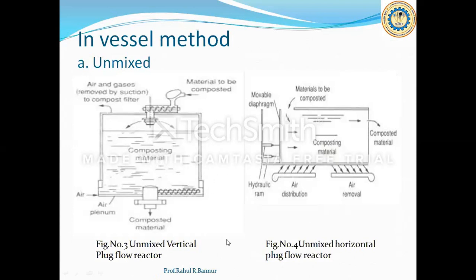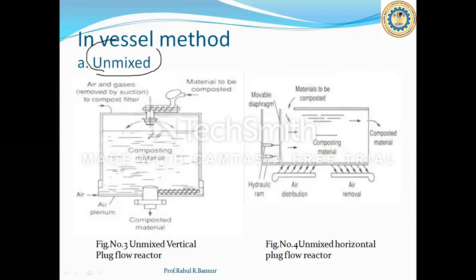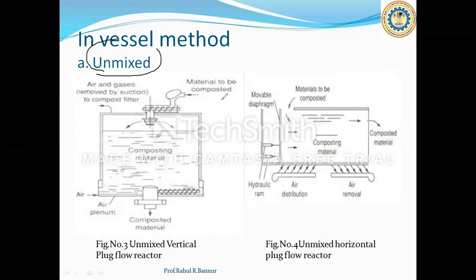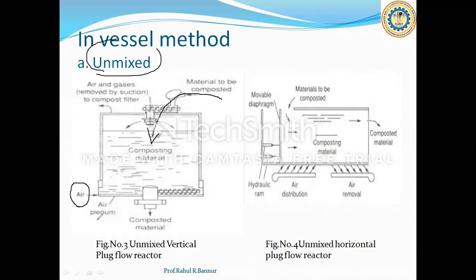This is the first type, the unmixed type. Here, this is the vertical reactor. From the top, we pour the processed solid waste inside the vessel. From the bottom, at the initial stage, we supply some air for the microbes to adjust to the environment.